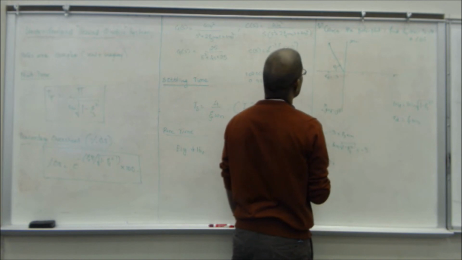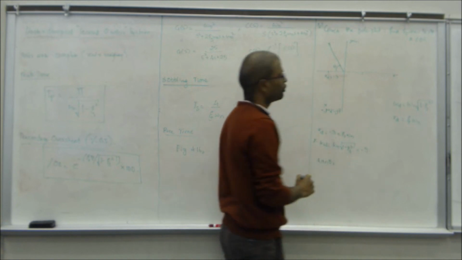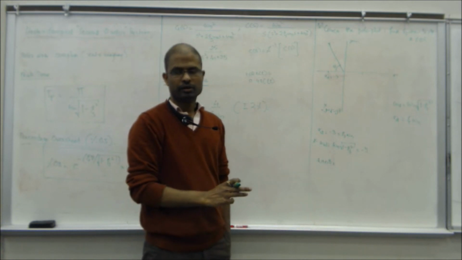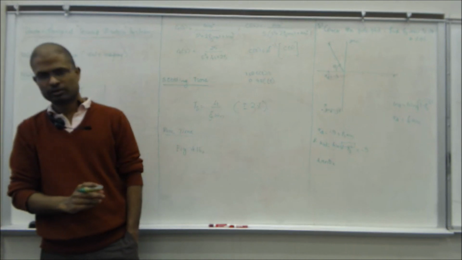So tangent theta is omega j omega n over omega d.